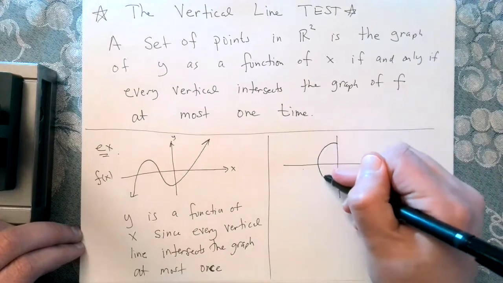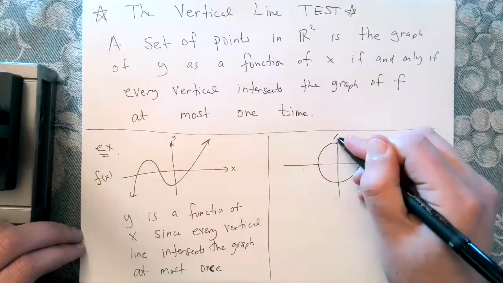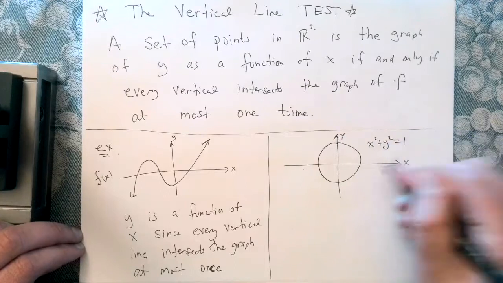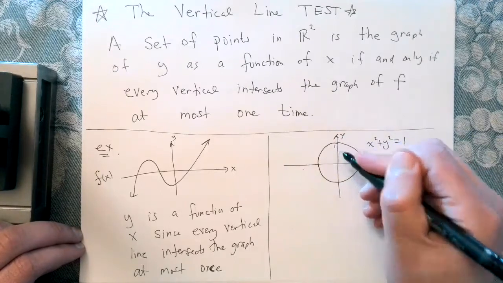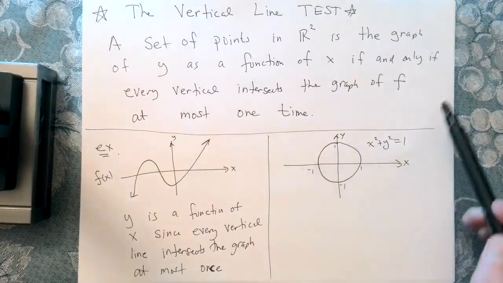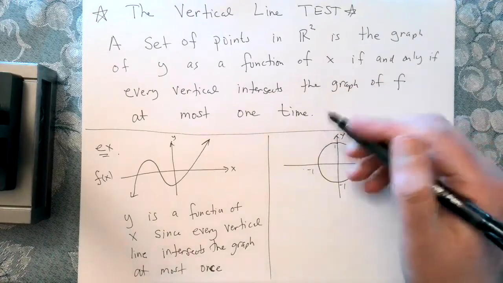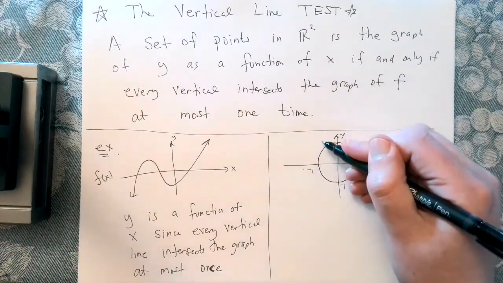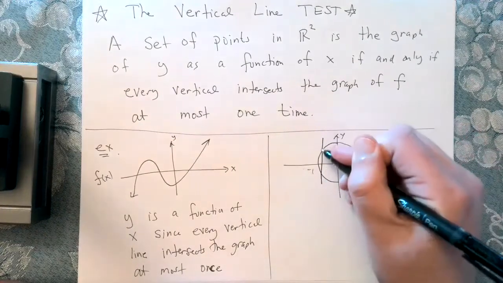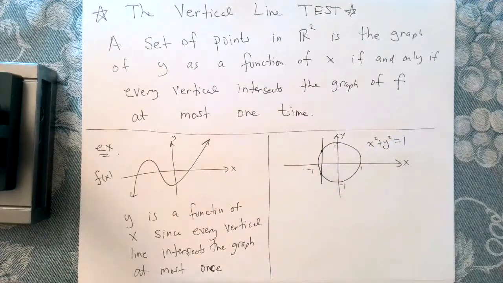Let's look at maybe a circle. Let's say this is what we call in math the unit circle. Well, here we don't have a function. Why is that? Because there exists at least one vertical line such that when I intersect it with the graph, I get multiple intersection points.